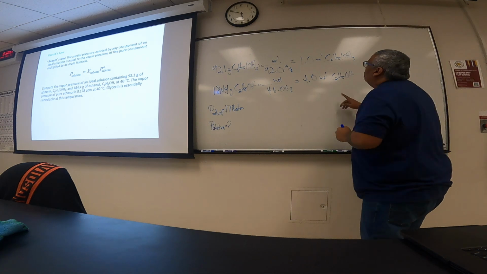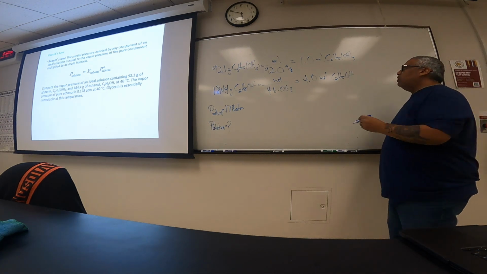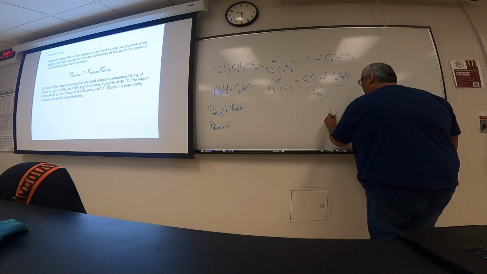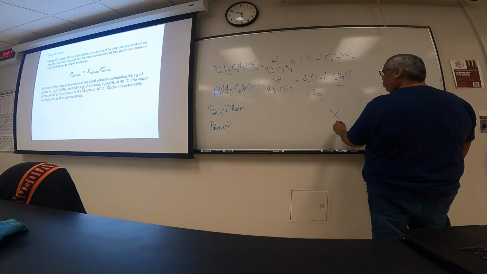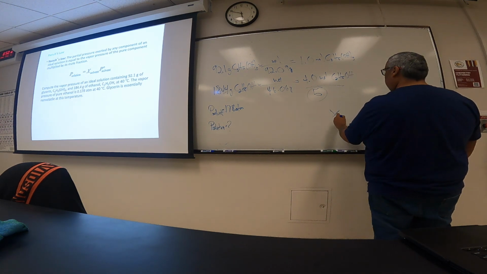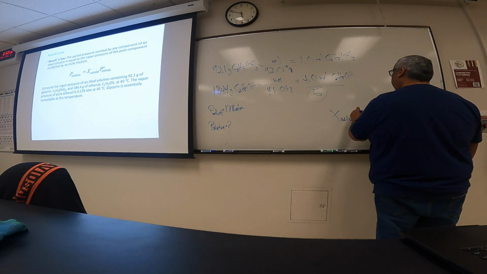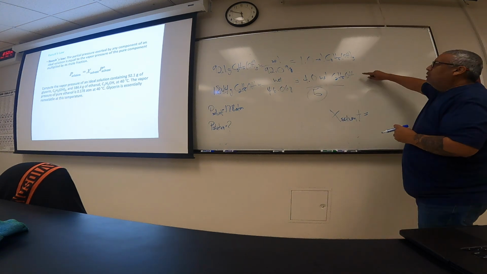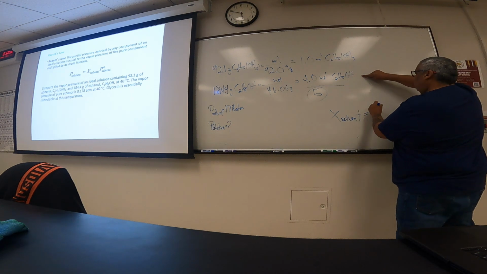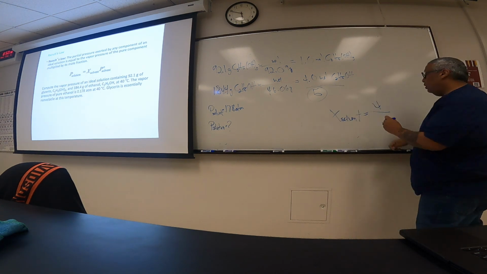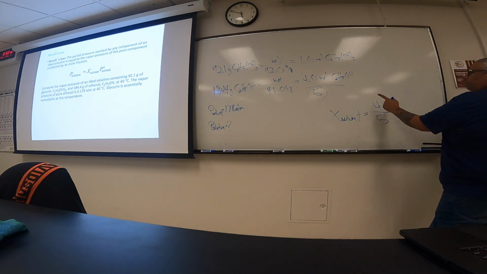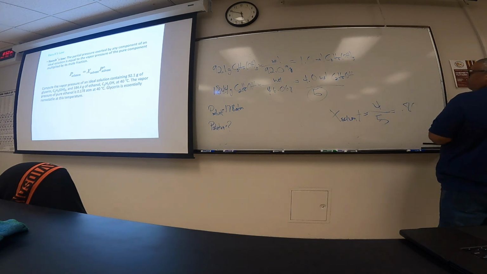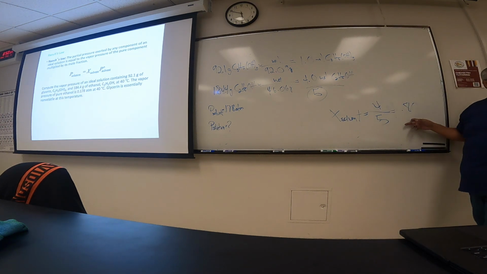So what's the total amount of moles that we have? 5. So the total amount of moles we have, if we want to figure out the moles of the solvent, is 4 divided by the total number of moles, 5. 4 divided by 5 is 0.8. So this is our mole fraction.